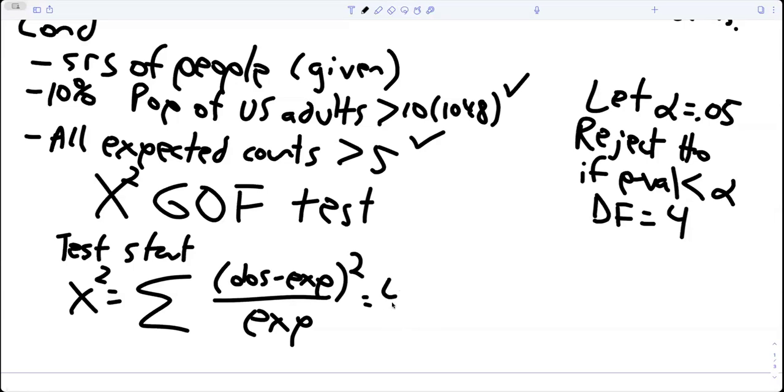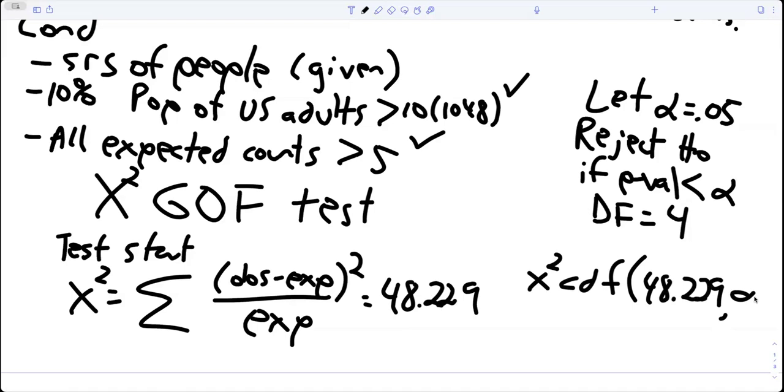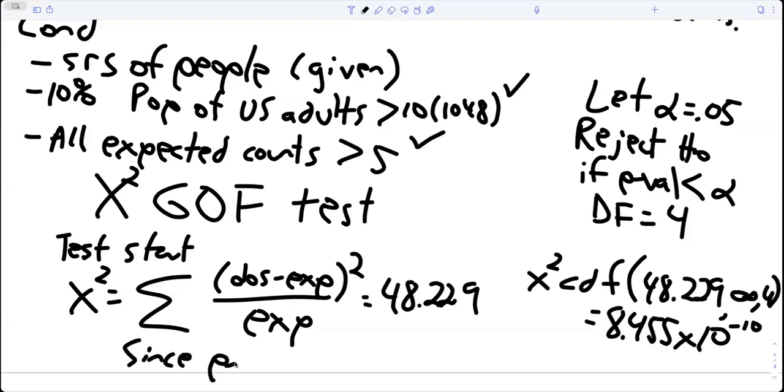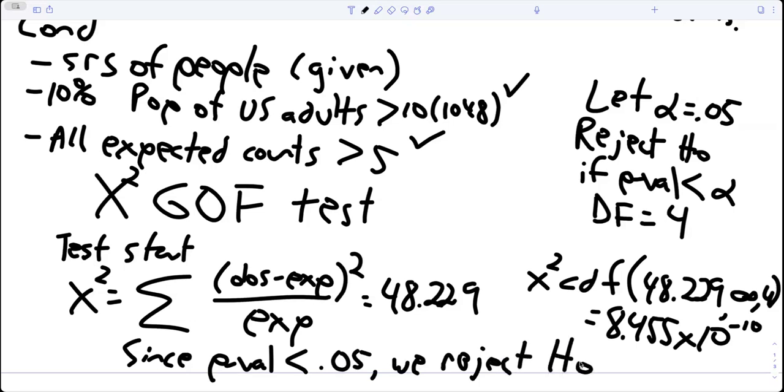So we got chi-squared CDF from 48.229 to infinity with DF of 4, and that gives me 8.455 times 10 to the negative 10. Since my p-value is less than 0.05, we reject the null hypothesis.